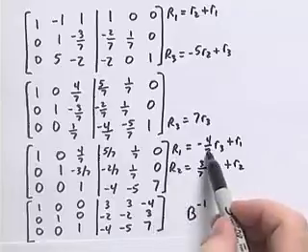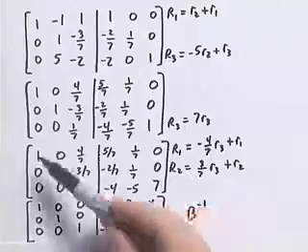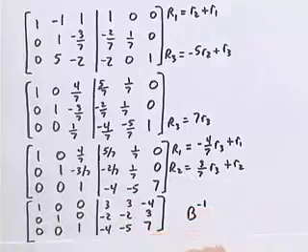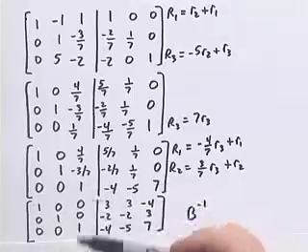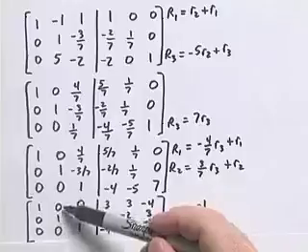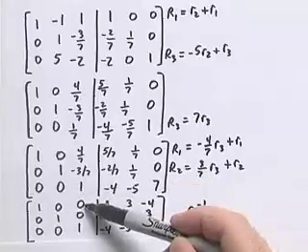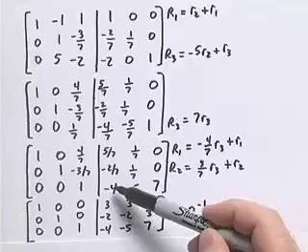To get our new row 1, we multiply the third row by negative 4/7, add it to row 1. Negative 4/7 times 0 is 0, plus 1 gives us 1. Negative 4/7 times 0 plus 0 is still 0. Negative 4/7 times 1 plus 4/7 gets us 0. Negative 4/7 times negative 4 is going to give us a positive 16/7.